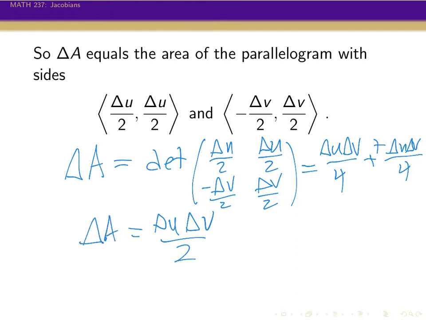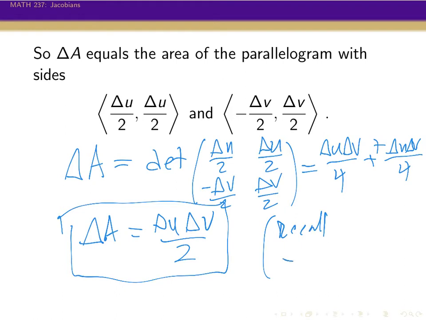And so that's what delta A is going to turn into. So compare this to, if we did this in terms of x and y, recall that delta A in terms of x and y is just delta x times delta y. Okay, and so this is sort of saying that area in terms of u and v is half as much as area in terms of x and y when we change u and v by a little bit.